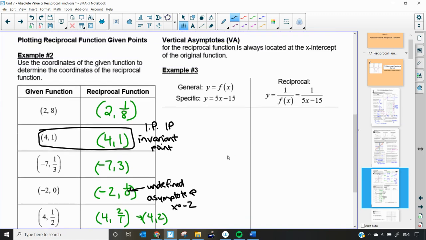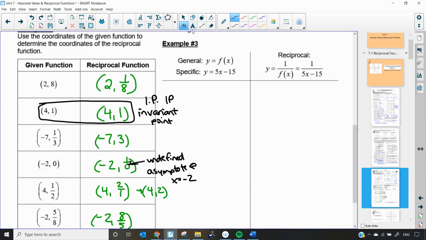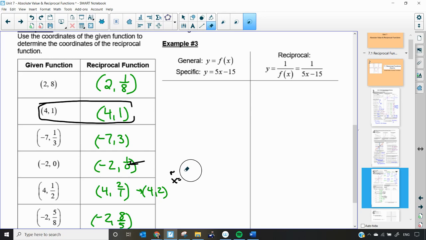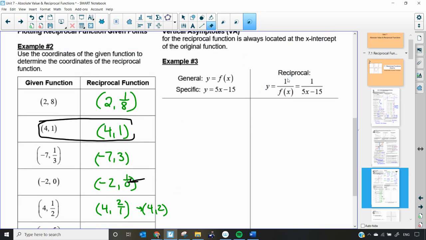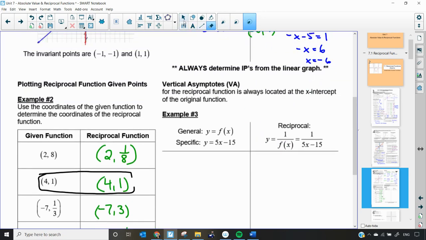All right, so continuing on here, we're going to take a look at the next example. I'm just going to erase some of what I have here, just to give me a little bit of room. And we're going to take a look at vertical asymptotes. So for a reciprocal function, the vertical asymptote is always located at the x-intercept of the original function.